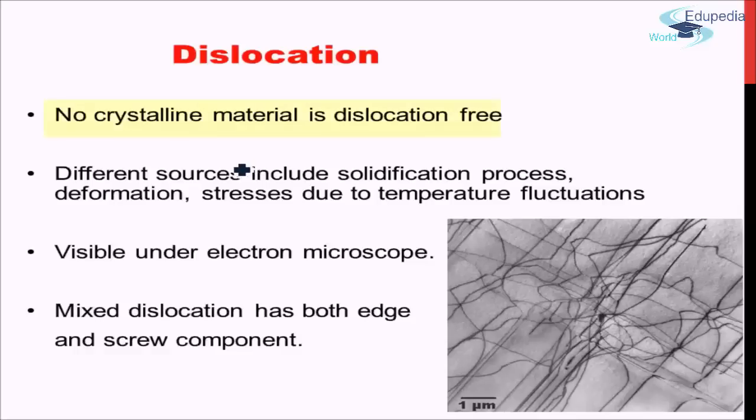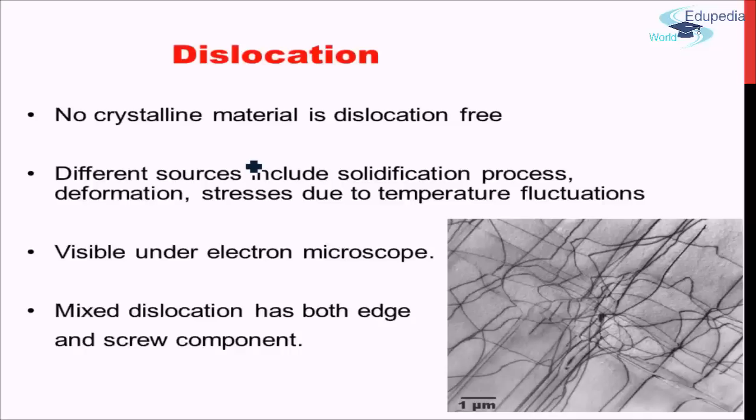The take homes are that no crystalline material is dislocation free. If any material exists which is crystalline, along with the crystallinity come imperfections, and dislocation, being one type of imperfection, will be present there. What are the different sources of generation of dislocation?